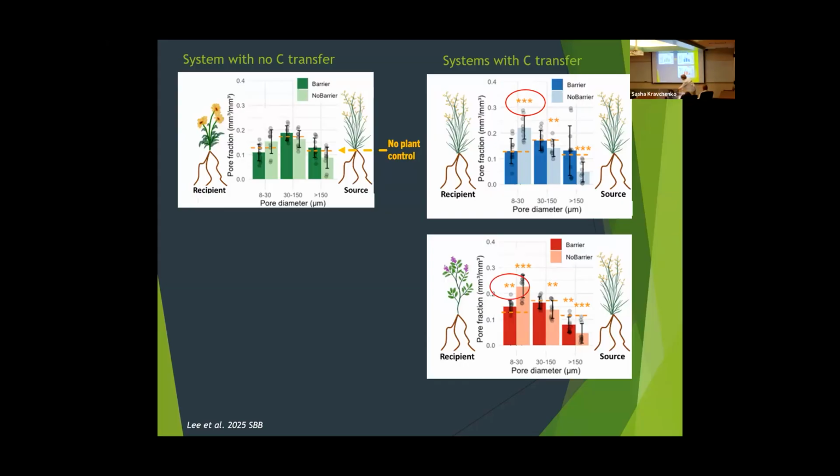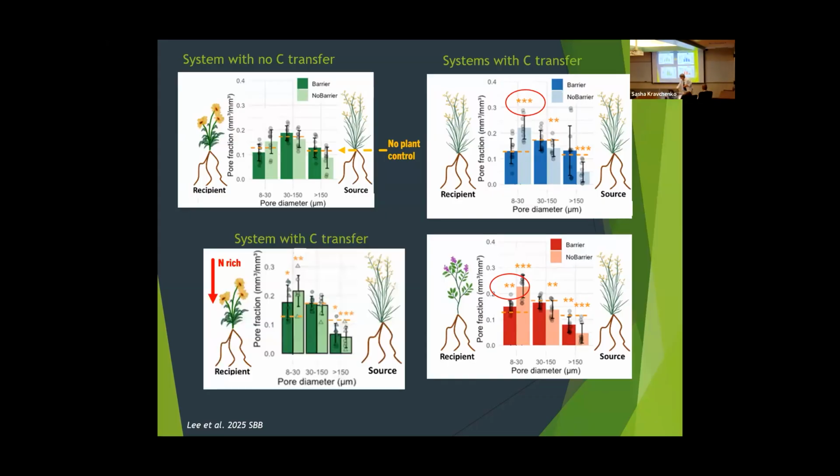And the same was observed for the clover neighbor, but it was especially pronounced. And very interestingly, even in clover, even when there was a barrier, so again this 2 centimeter thing that separated the plants, I suppose fungal links within that barrier affected and changed pore size distributions there.